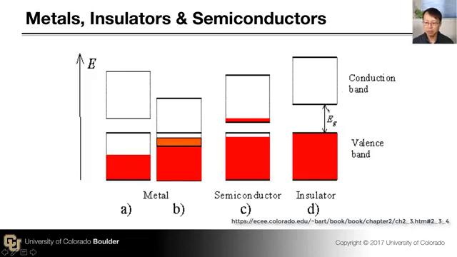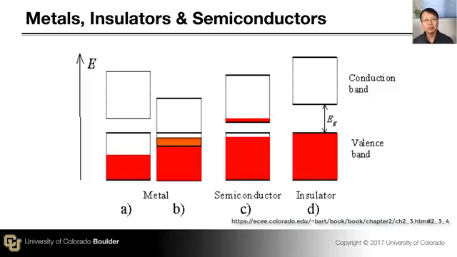If the energy band gap is reasonably small, then at room temperature or slightly elevated temperature, there will be a sizable fraction of electrons near the top of the valence band with enough thermal energy to overcome the band gap and show up in the conduction band. If that happens, you now have two partially filled bands. The valence band is partially filled, the conduction band is also partially filled, and both of these energy bands can then contribute to electrical conductivity.